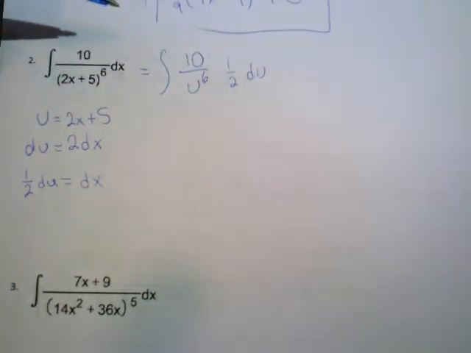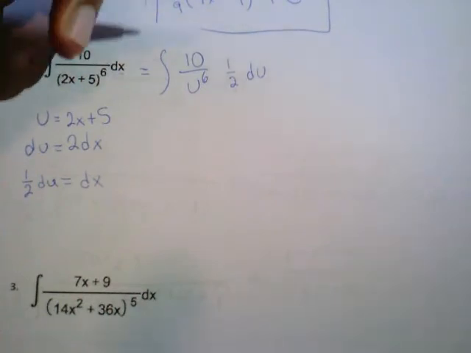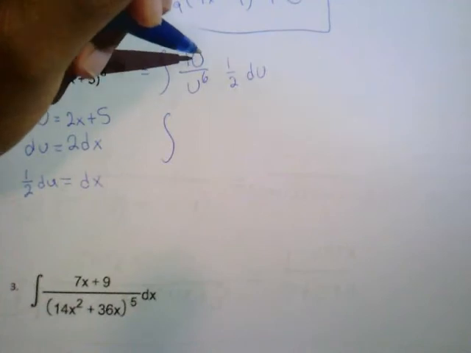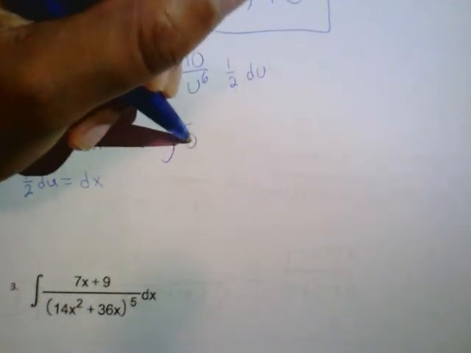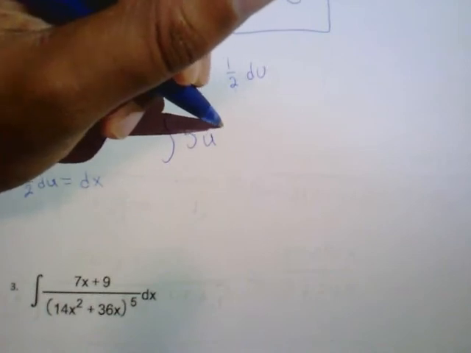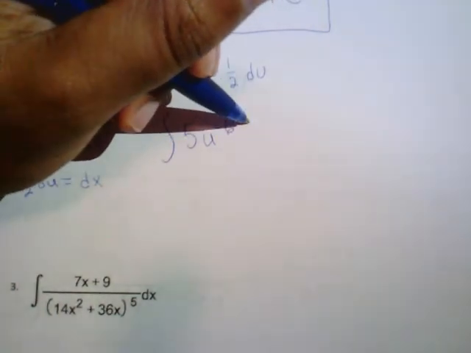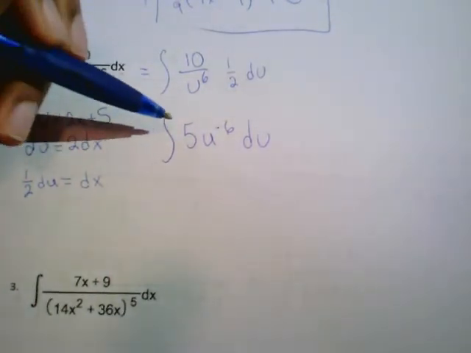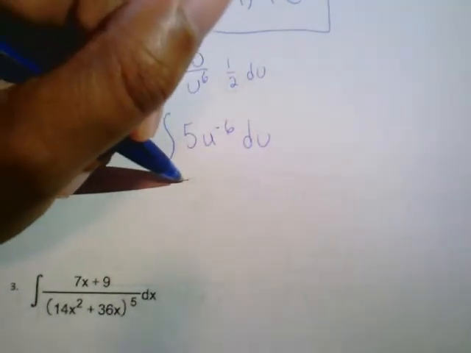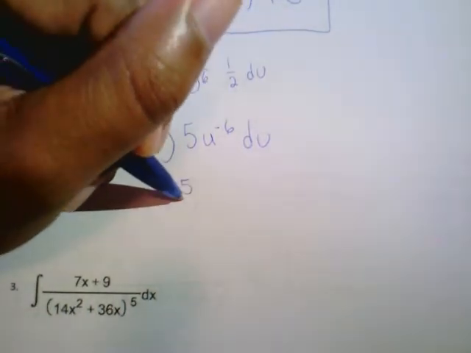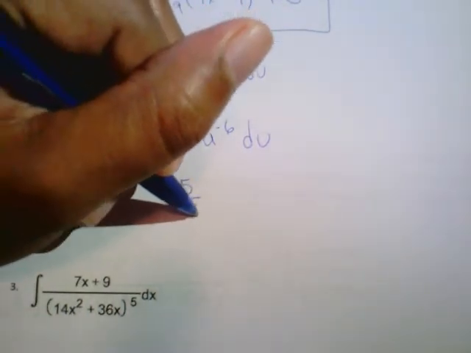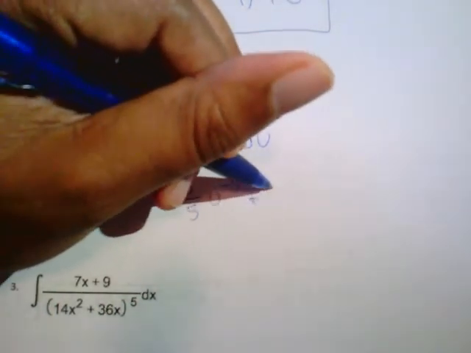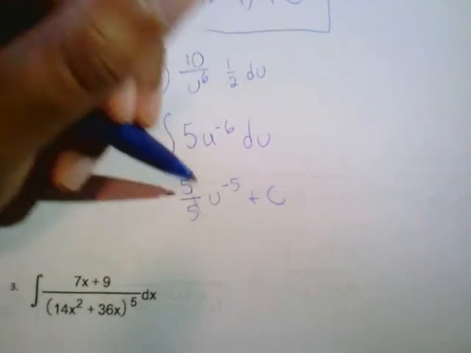Now we can simplify this and find the antiderivative. 10 over 2 will just be 5 u to the negative 6 du. Now we can use our power rule. So this will be negative 5 over 5 u to the negative 5 plus c, and the 5s will cancel.